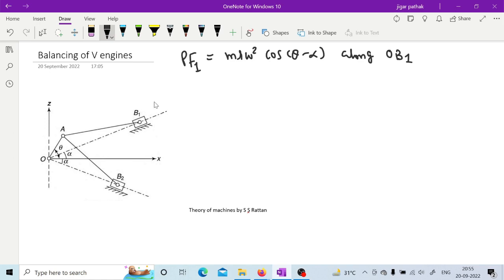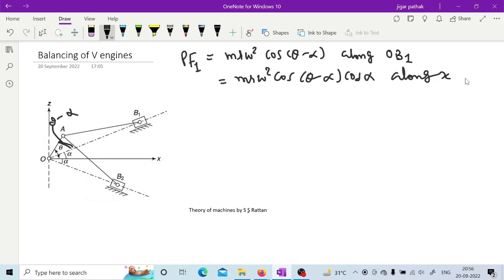Similarly, if you take the component of that, mr omega square cos (theta minus alpha), because they are talking about this angle, it is theta minus alpha. So when you consider this component along OB1 in the x direction, then it will be mr omega square cos (theta minus alpha) cos alpha, along the x direction.